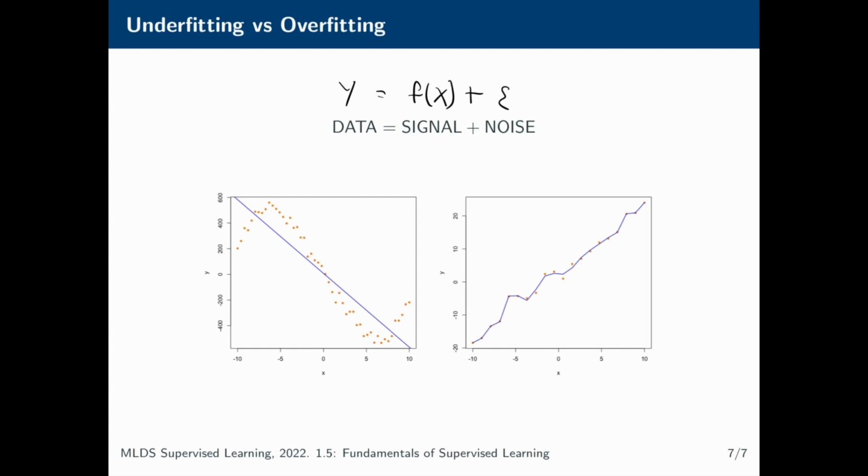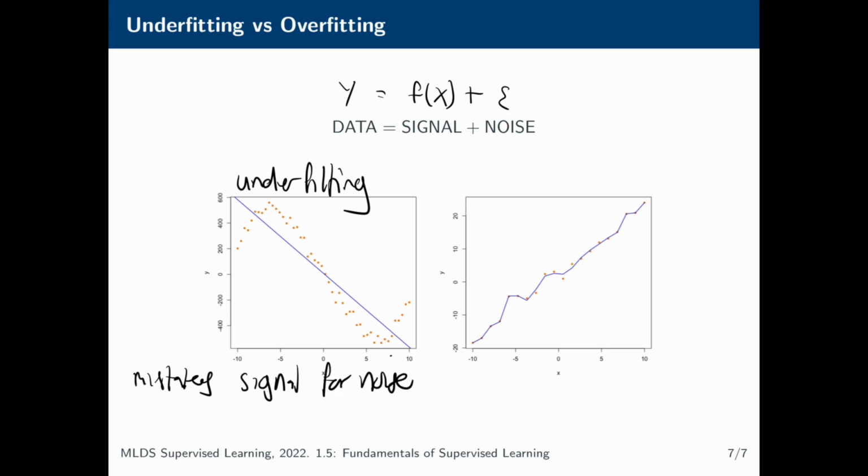The first of these, which you can see on the left, is underfitting. And in underfitting, the model is mistaking signal for noise. Some of the signal, therefore, remains unmodeled.